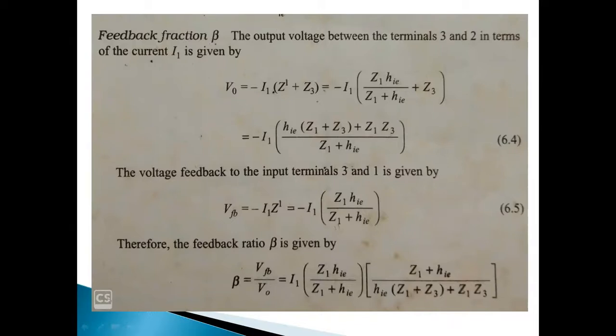So if our feedback network is represented as beta and the input for the feedback network is V0 and the output for the feedback network is Vf, then what is the gain? Vf by V0. We know the gain equation, that is output by input. Output is Vf, input is V0, then beta is equal to Vf by V0.